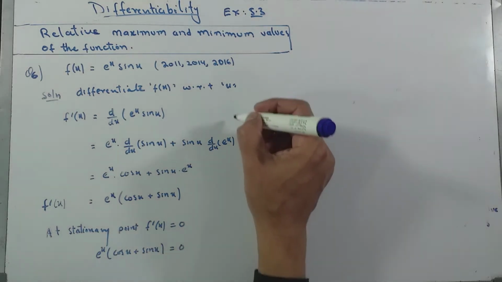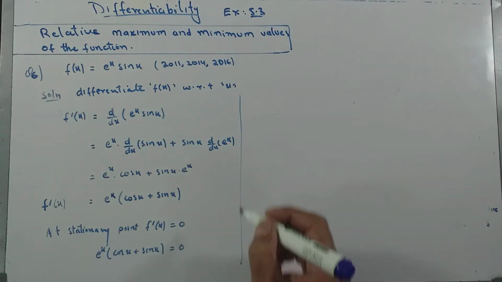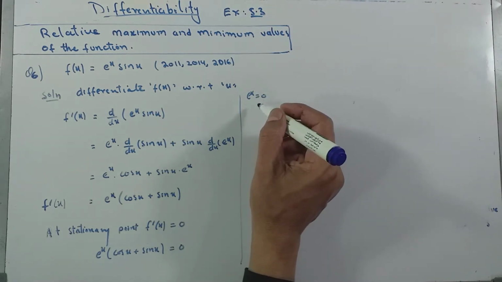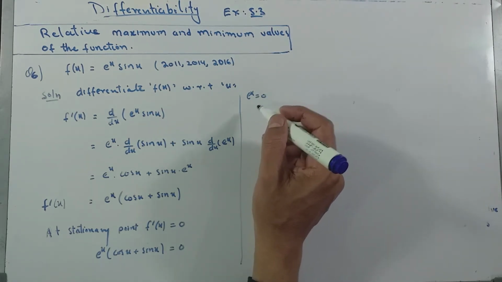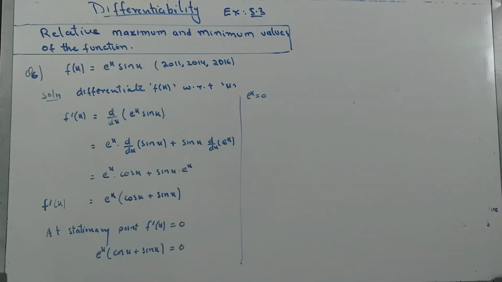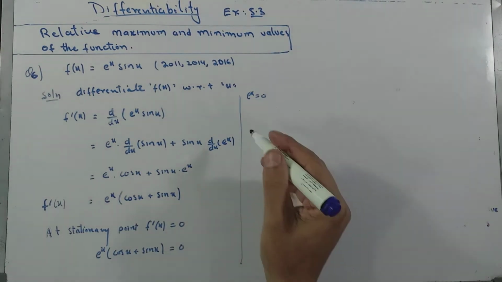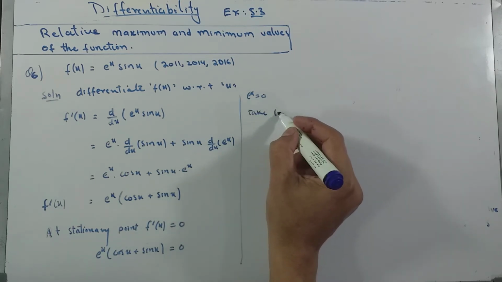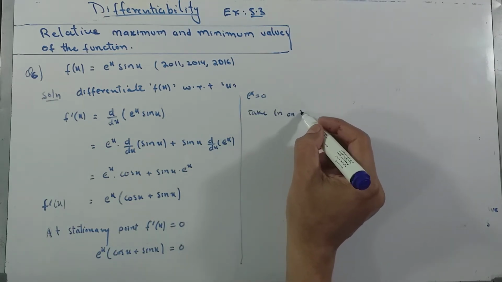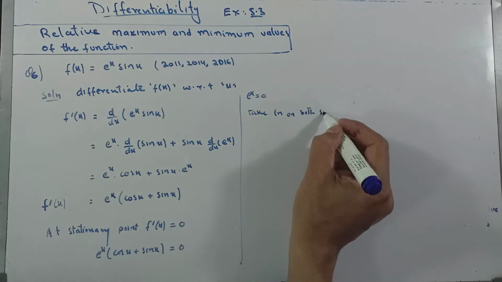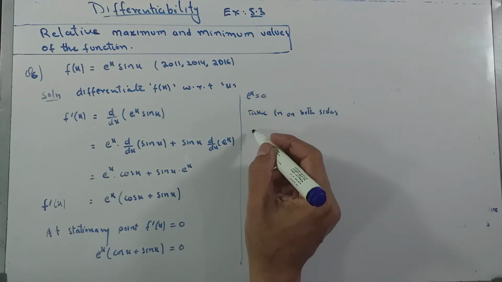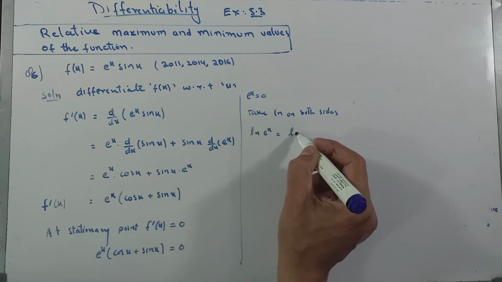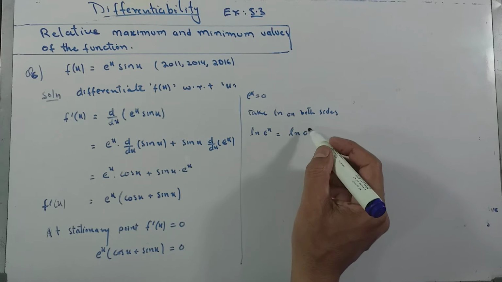Now e^x is equal to 0. Now we will solve for x here. Take ln on both sides. So ln e^x is equal to ln 0.